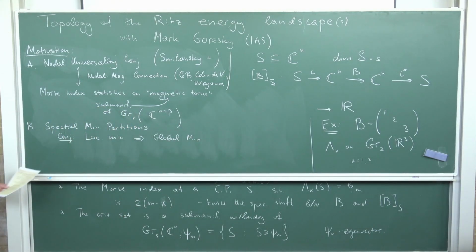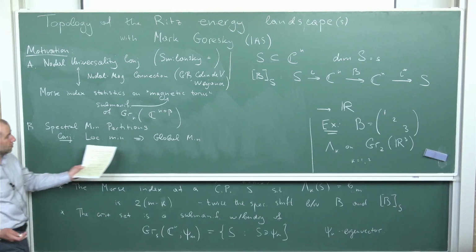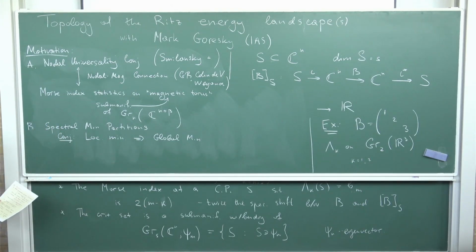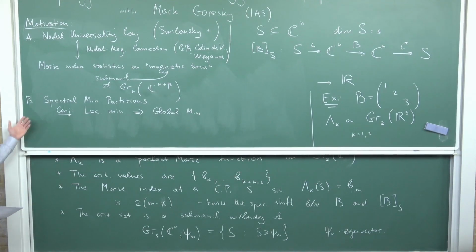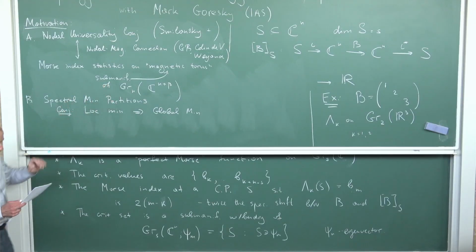This would be a great tool, because you find a minimizer, you can compute the Hessian, you can establish local minimality, and it would be great to conclude it's globally minimal. These results say that if your space of perturbations is very large, then yes, you can do this. Unfortunately, in all practical cases, there is some smaller space of perturbations you need to consider.